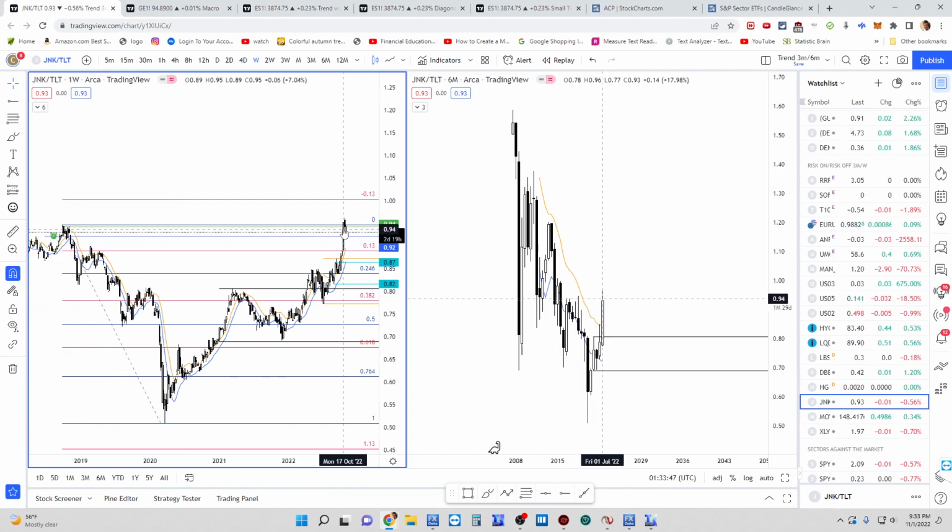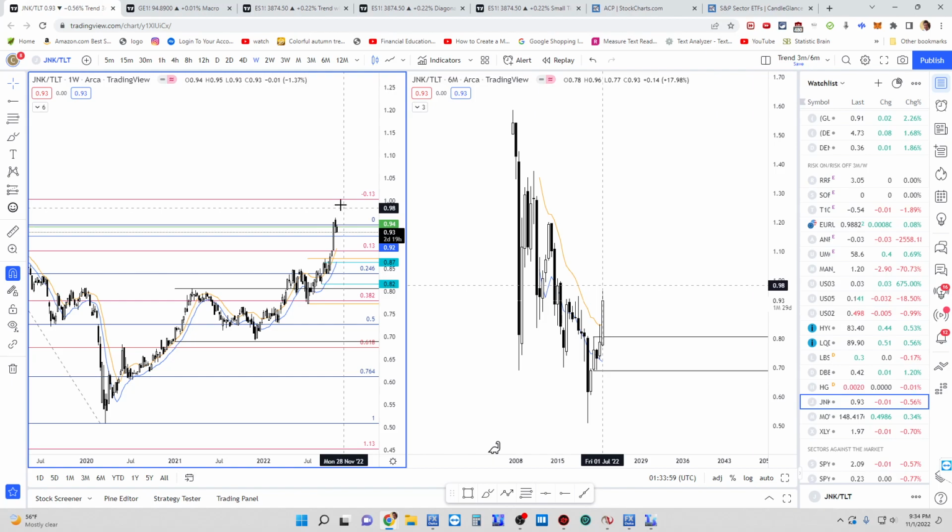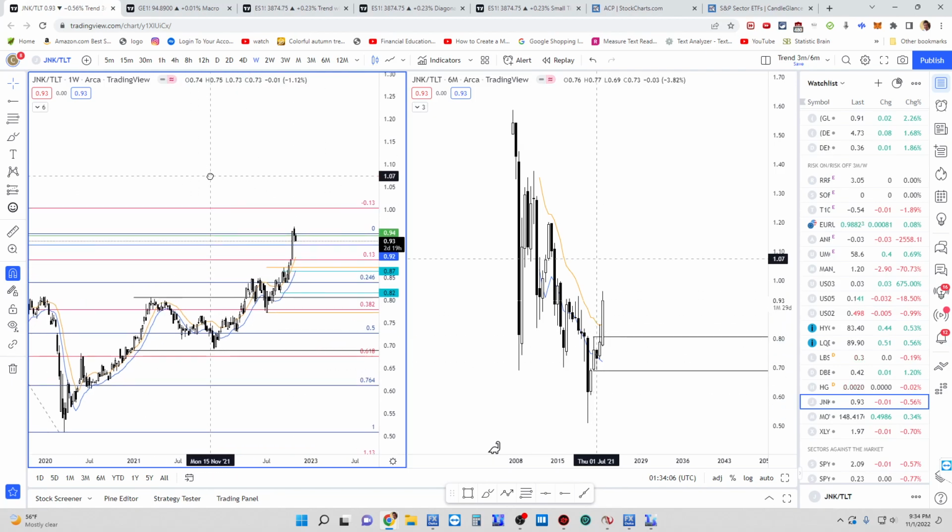But we're waiting for it to spike into here, get overbought, and get reversed. A reversal put in, market maker model, or Judas swing kind of thing, deviation and breakdown.